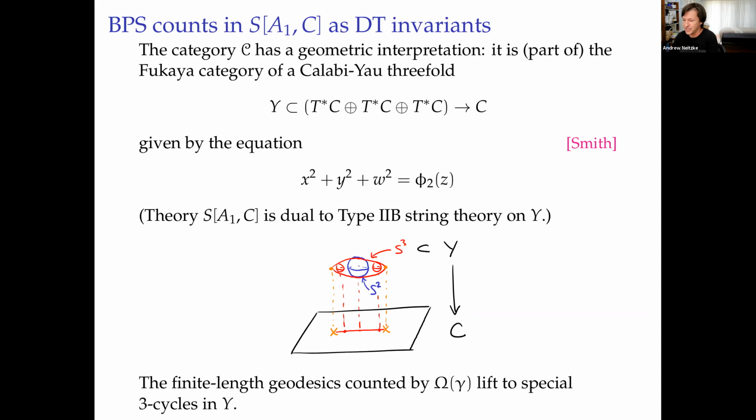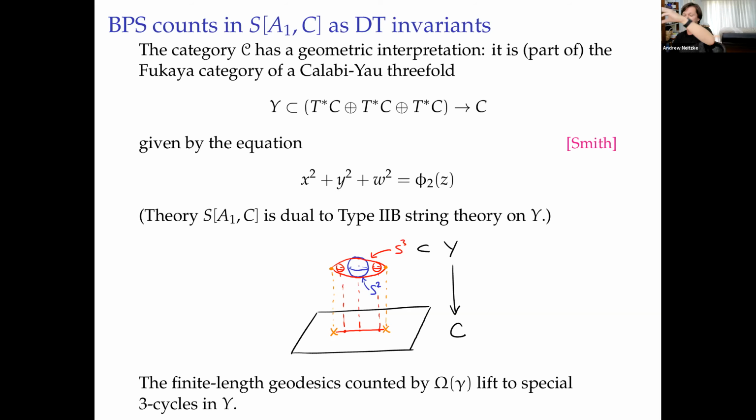So what does that have to do with these geodesic trajectories? Well, the story is supposed to be that when you have a geodesic trajectory in your curve, which begins and ends on zeros of the quadratic differential, you can lift each point of that trajectory to an S2 in the fiber, and that S2 in the fiber collapses as you go to one end or the other end, as you go to the branch points.